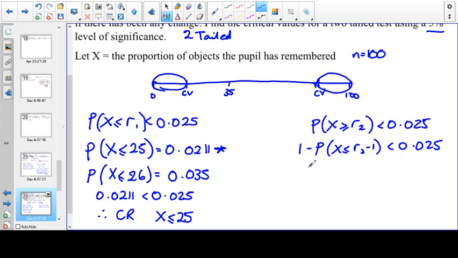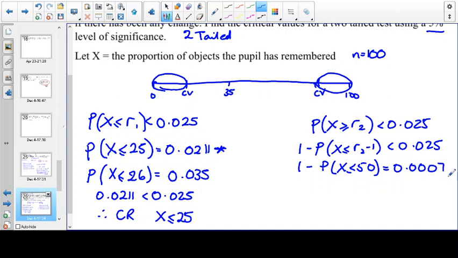So let's start off with 70, I'd guess. Oh, that's 1, so we need to come down. I'm not going to write that down. 60, that's very small. 50, so 1 minus the probability that X is less than or equal to 50 is 0.0007.